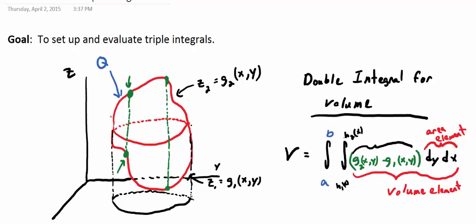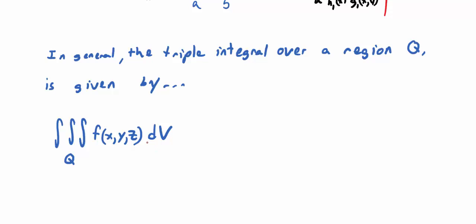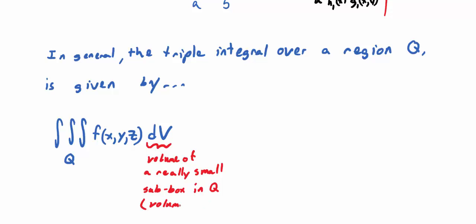Then dV would be a volume element of one of those boxes if it were infinitesimally small, okay? So dV is considered a volume element of Q. I'll just say a really small sub-box in Q, in the solid Q. And in parentheses, I'll say volume element.